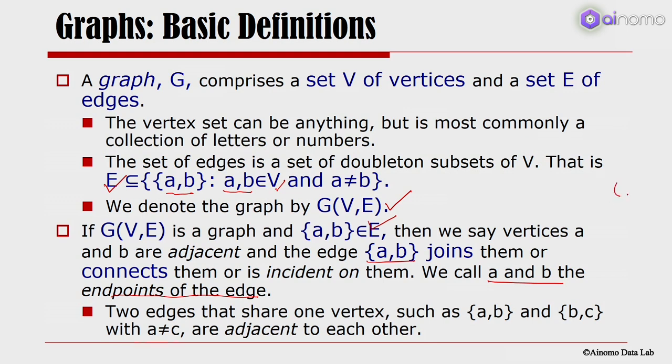Let's say I have a graph with A and a B, and that's one edge. I have another edge A and C. So if I have AB and AC, they share a common node A, and they are said to be adjacent to each other.